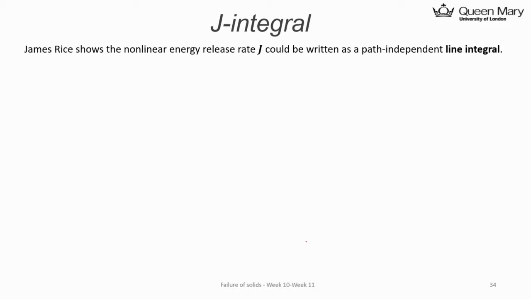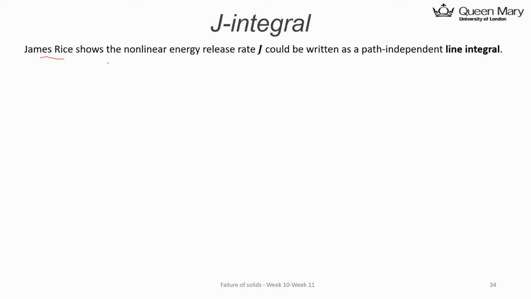So now we move to the J integral. I think it's the most beautiful equation in elastic plastic fracture mechanics, and it came purely from mathematics at the beginning. This is James Rice, who is still alive, so fortunately you can probably see him at some conference.